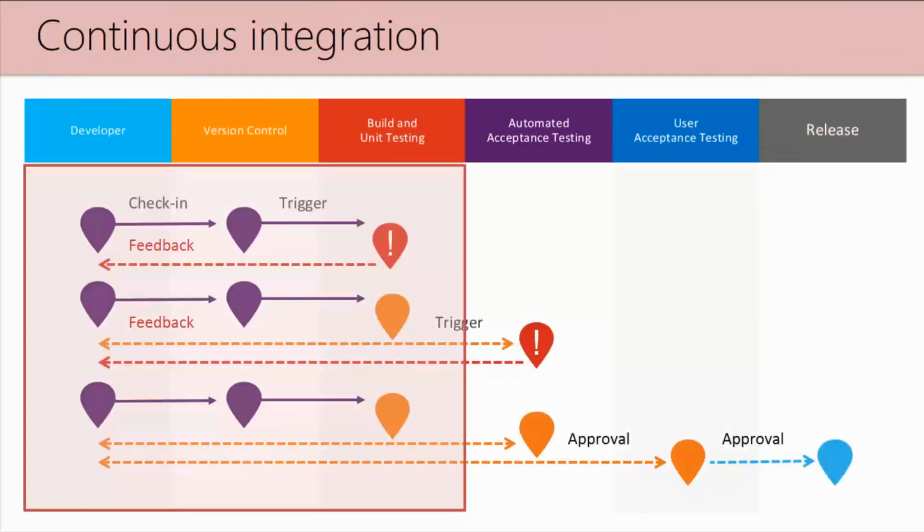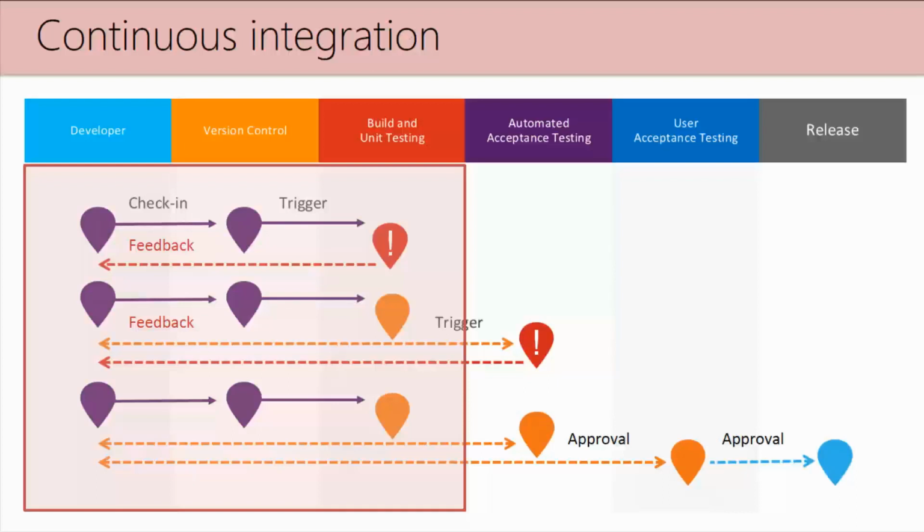So here's a visual representation of continuous integration. Notice the left part of the screen where it's developer, version control, and build and unit testing. I've highlighted this so you can actually see, and we use various flags as we move along through this process. So the continuous integration is, again, developer writing code, checking in, and then doing the build and unit testing.